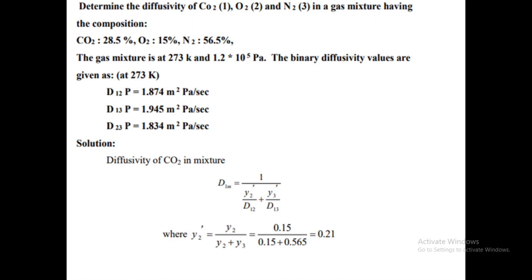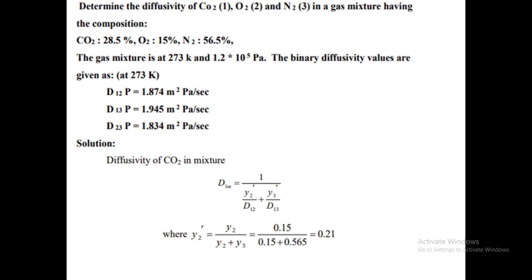Here Y2 dash is on the component 1 free basis, so we do not consider the first component, only the second and third components. So Y2 dash is equal to Y2 divided by Y2 plus Y3. All percentages are mole percentages, so we take mole fraction: individual mole divided by total mole.